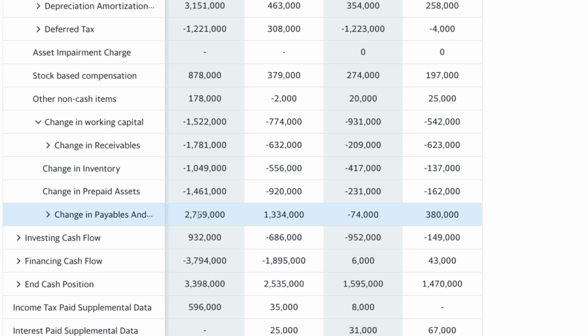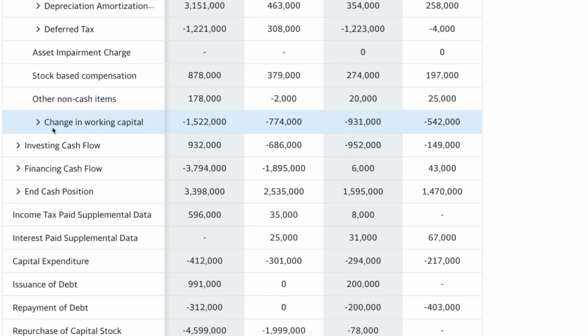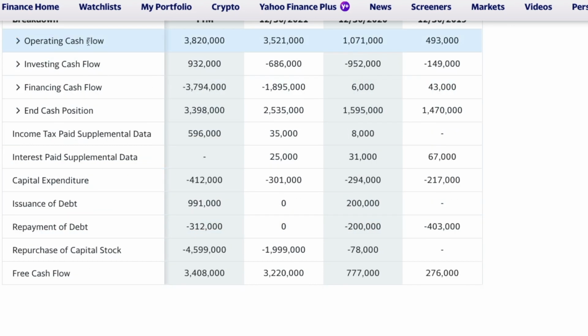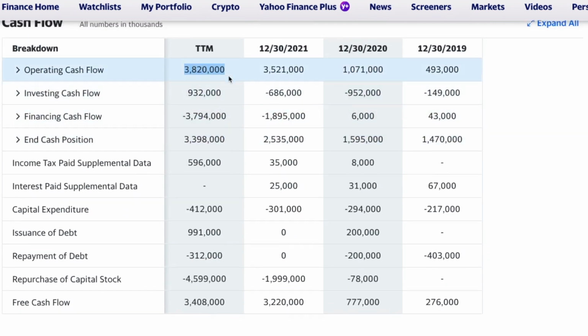If we take it all into consideration, $2.7 billion minus 1.4 minus 1 billion minus 1.7, you end up with minus $1.5 billion. If we add back everything, cash from continuing operations, depreciation, amortization, and stock-based compensation, at the end we have a positive cash flow of around $3.8 billion, which is very, very important.